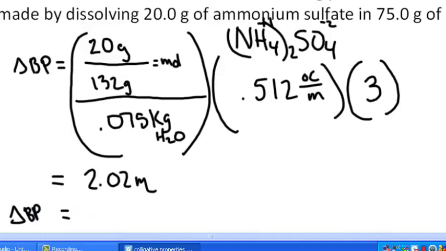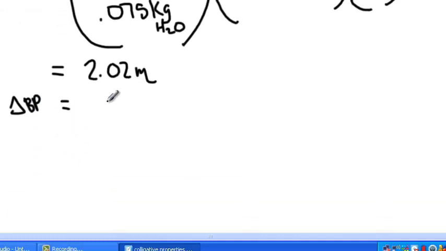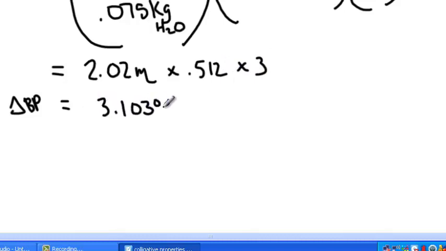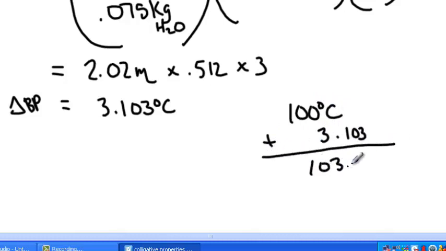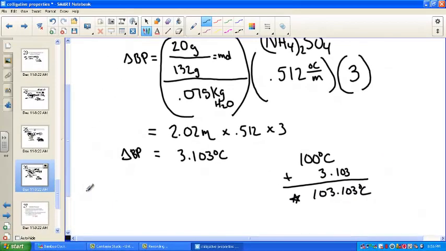And that change in the boiling point, molality times 0.512 times 3, gave me a product of 3.103 degrees Celsius. Water normally boils at 100. It elevated by 3.103 degrees. Our new boiling point, 103.1 degrees Celsius.